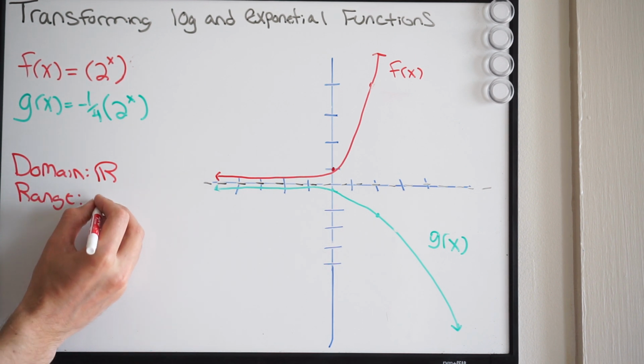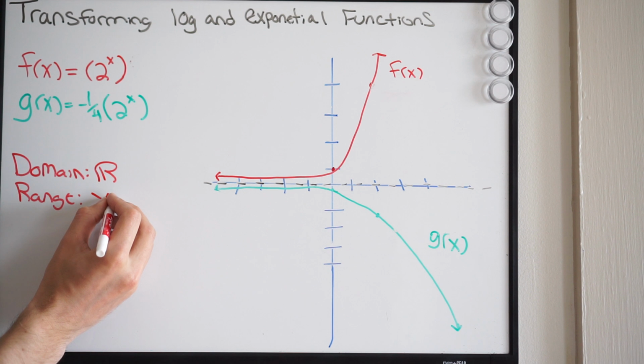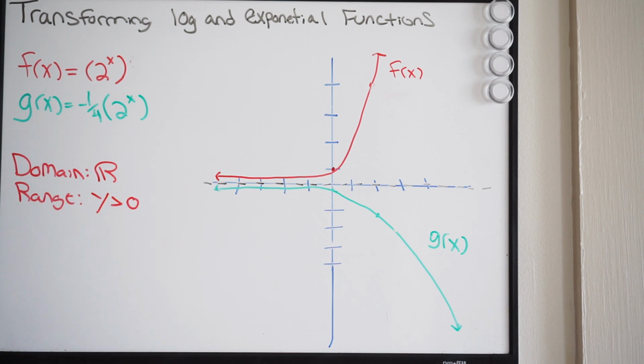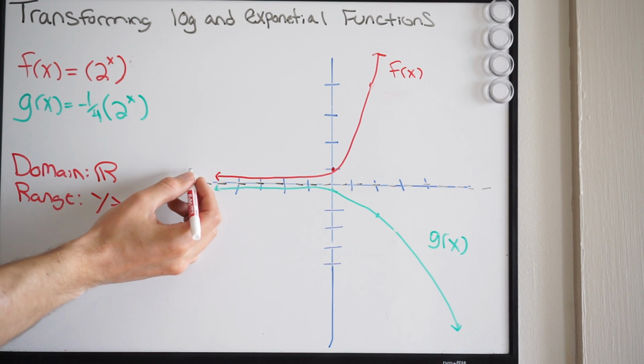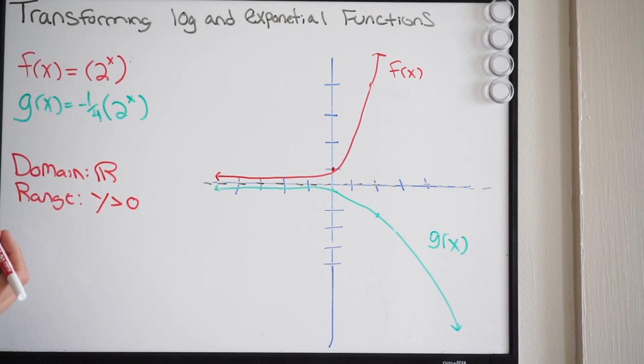So we can say y has to be greater than 0. I can go to 0.00001 and draw a horizontal line and it will hit it. But if I'm at 0, it's not part of the range. Okay, so we have our domain and range for f of x.